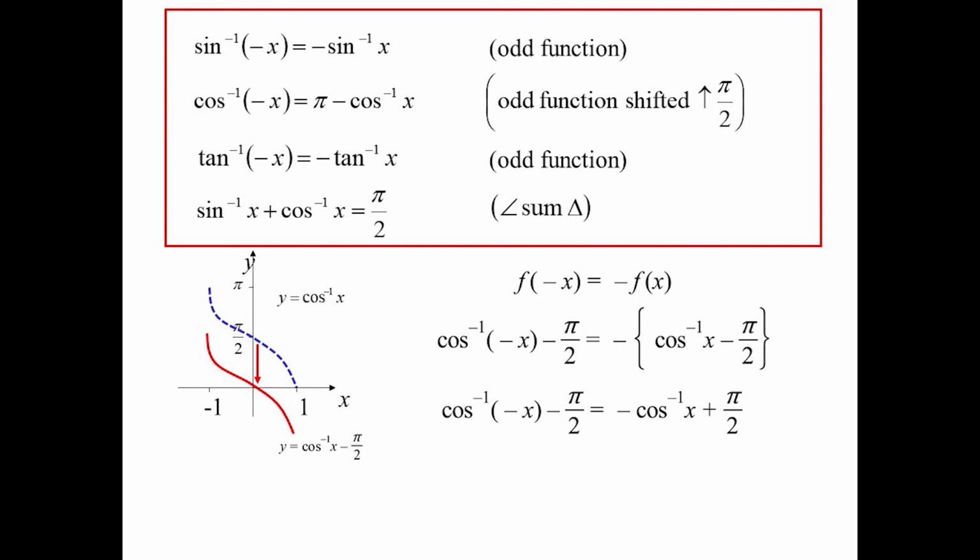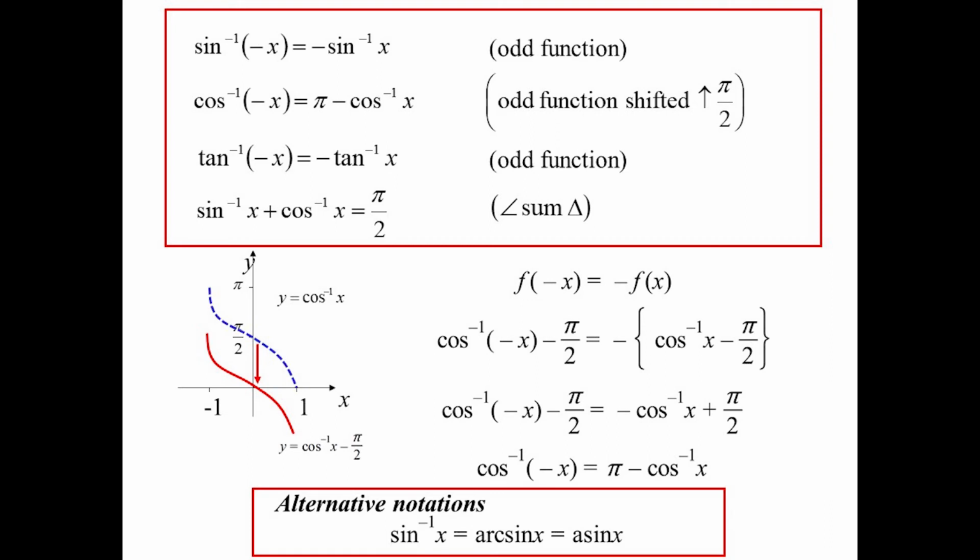And now all I've got to do is move the negative pi on 2 on the left-hand side to the right-hand side, and we get our relationship. Inverse cos of negative x is equal to pi minus the inverse cos of x. That's it. It's not immediately obvious where that relationship comes from. Fortunately, we don't have to do this transformation every single time. We can just quote the result and use it where we need to. But that's where it comes from.